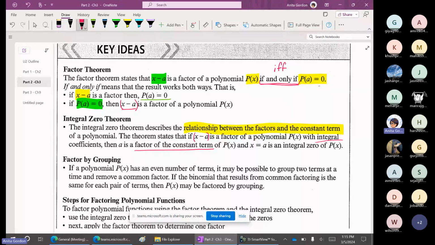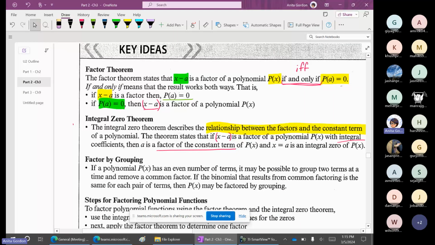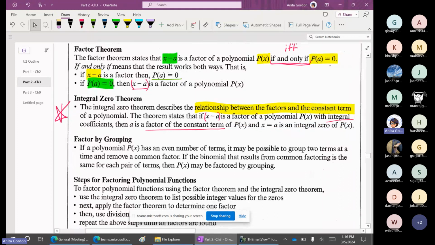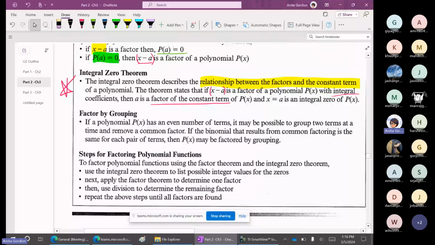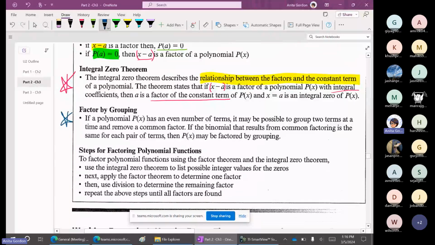So this is going to be how we determine what numbers we should test in order to find divisors that give us a remainder of 0. We're going to find the constant, look at what the factors of the constant are, and use those as our testing numbers. Another strategy we're going to use is factor by grouping.